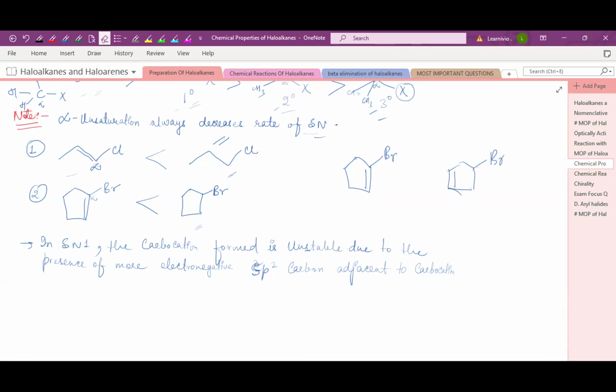Now tell me, in these two, which is more reactive towards the SN2 nucleophilic substitution reaction, between these molecules? Suppose this is A and this is B. Which one will be more reactive?